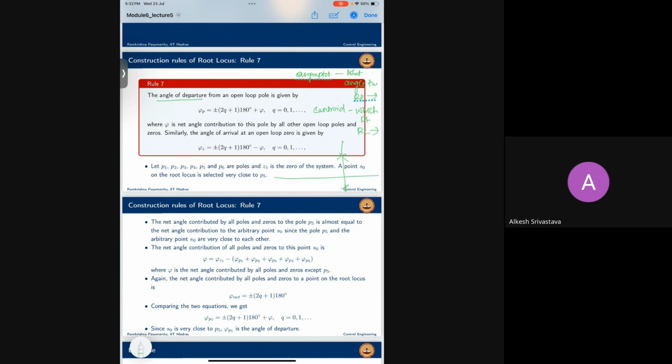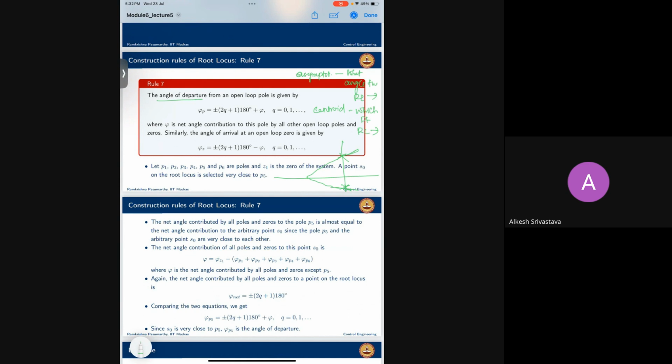For example, you have some poles and zeros here, maybe poles also here. So if you have some poles or zeros that lie on your imaginary axis, not at the origin, it will tell at what angle your root locus is going to cross these poles or zeros on the imaginary axis.